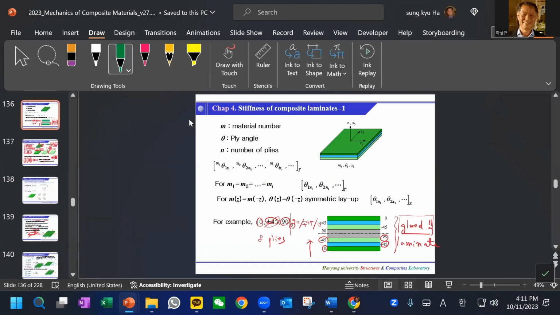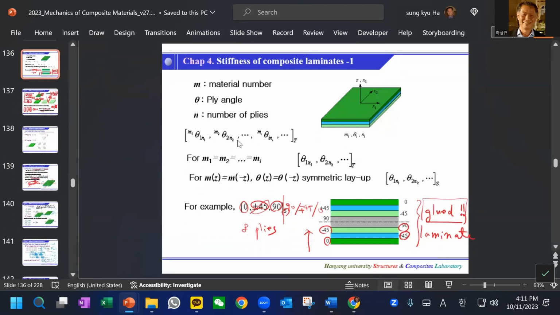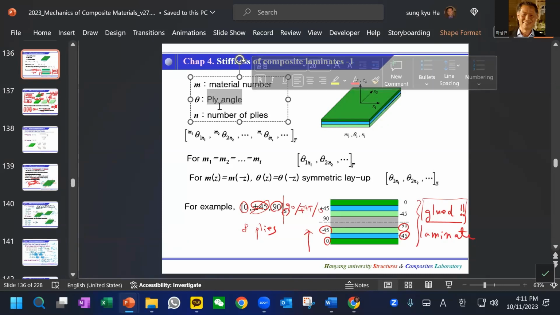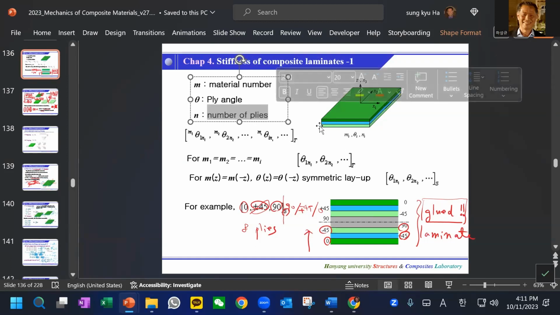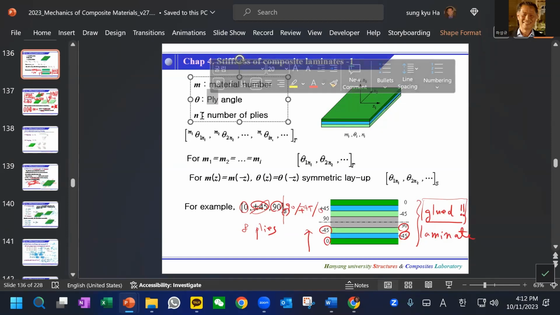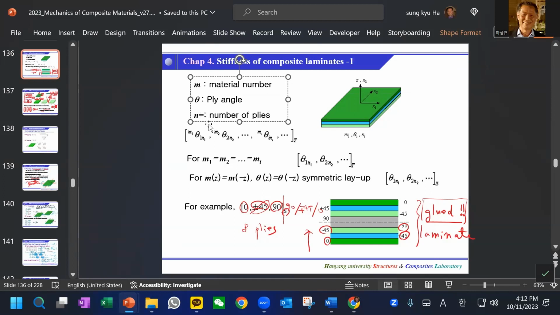And briefly speaking, using some mathematics and symbols, we have 3 different materials. And each one will have a certain material, like carbon for example, an angle, like 10 degrees or 20 degrees, and a number of plies. Even though one ply can consist of several plies together with the same material and same angle, usually you can just consider n equal 1, okay, 1 ply.